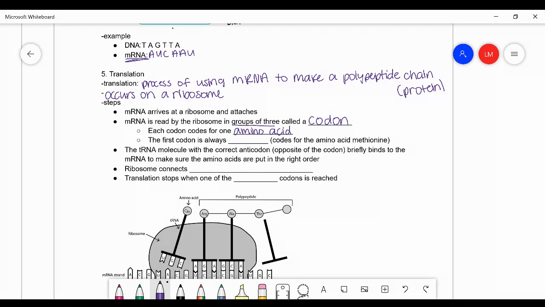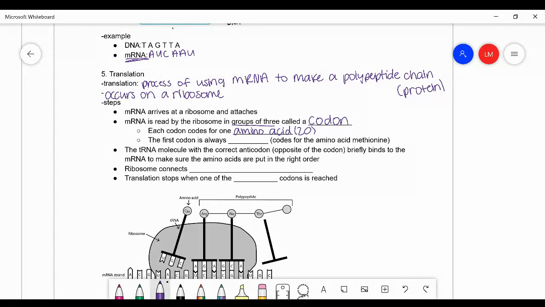I'm hoping that word is familiar to you. Amino acids are the building blocks of protein. So when we put lots of amino acids together, we can get to a protein. There are 20 different amino acids that are found in humans, so we do have some repeats. Maybe there's 3 or 4 codons that code for the same amino acid.